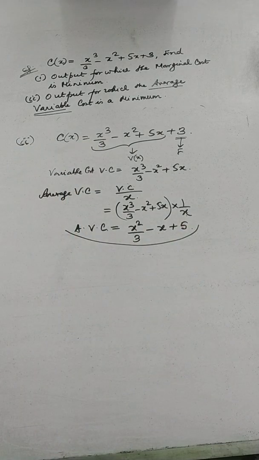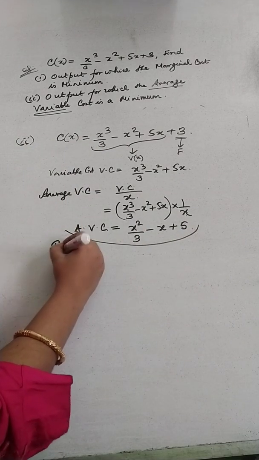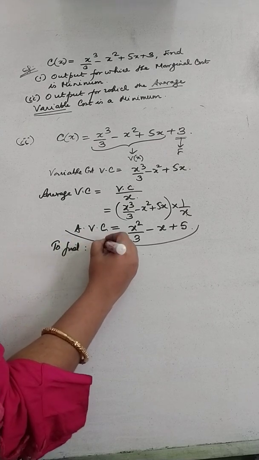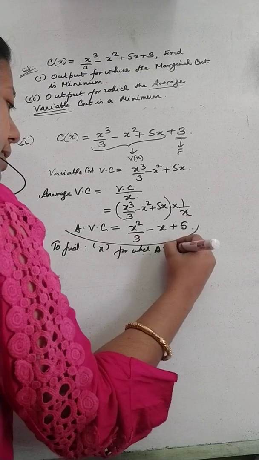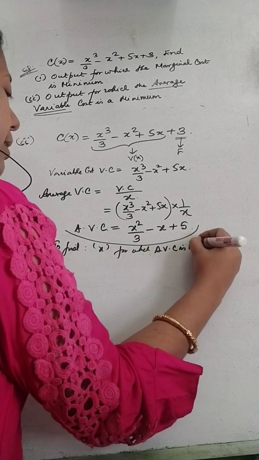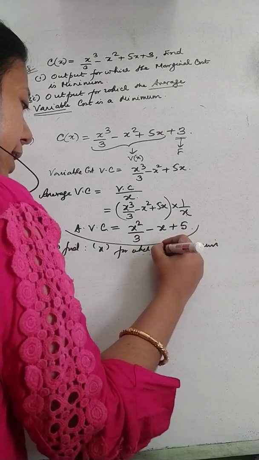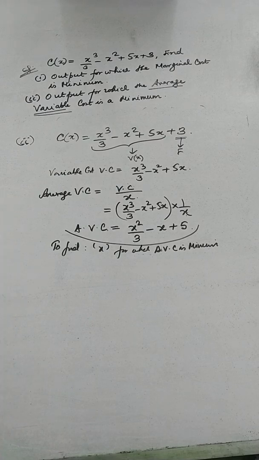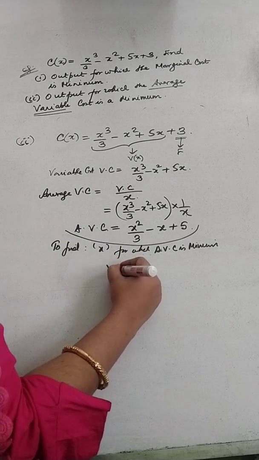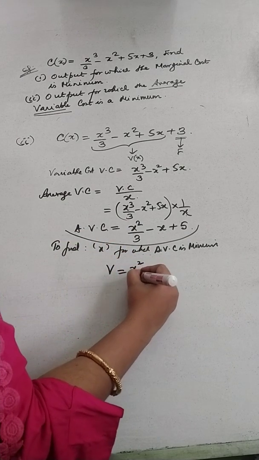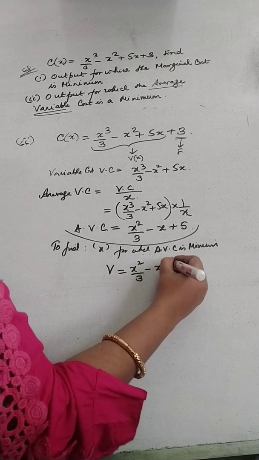What is our target? Our target is to find the output x for which the AVC is minimum. So again we have to use the principle of maxima and minima. Such a big word we will not write, we will just write V. V is equal to x squared by 3 minus x plus 5.